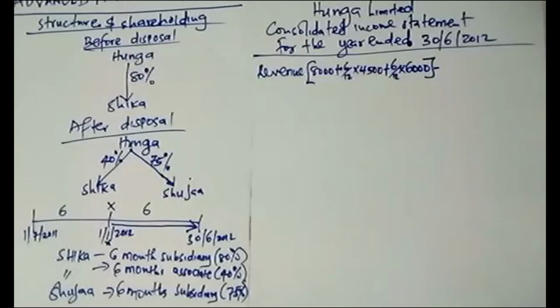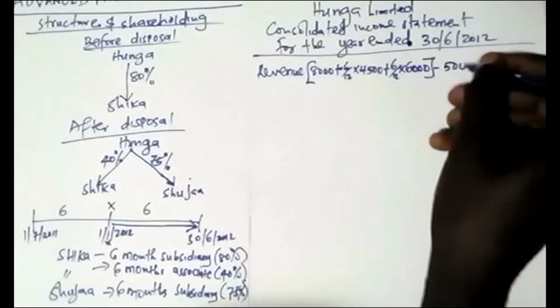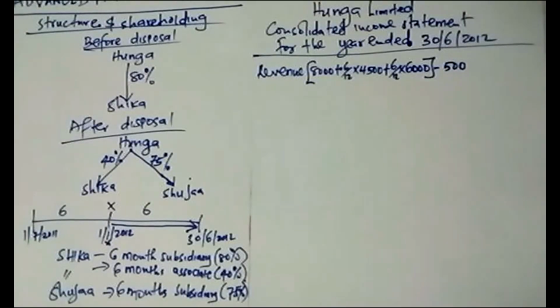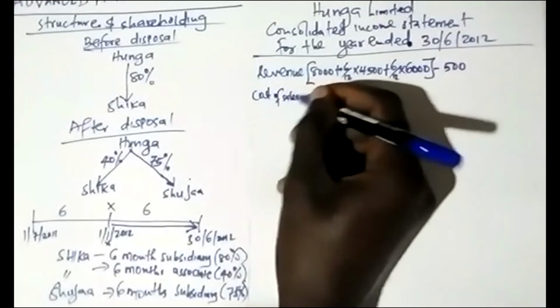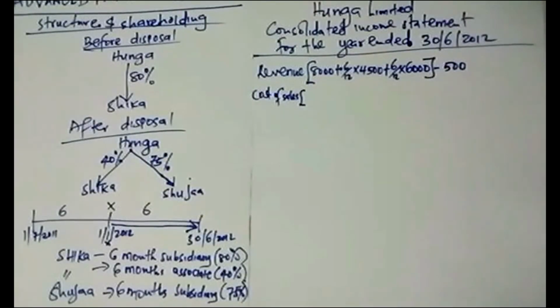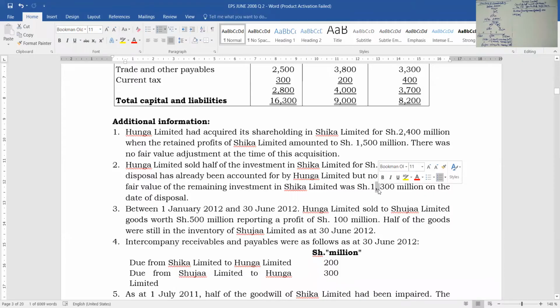So that is the intergroup sales, and we subtract the 500. Then we move to cost of sales. Again, we take parent plus subsidiaries, then we adjust with some items.